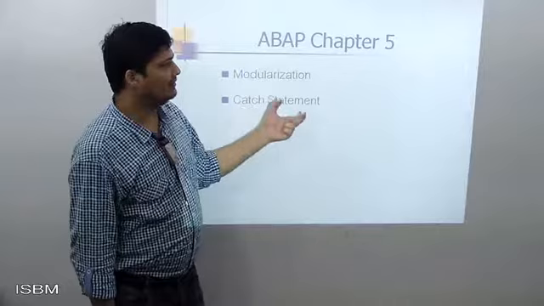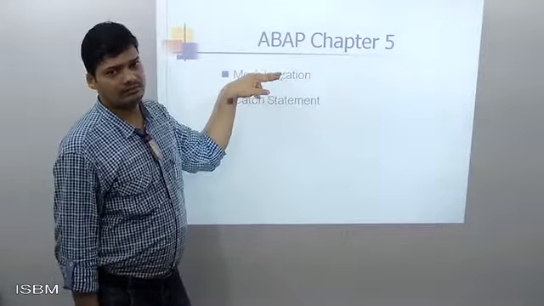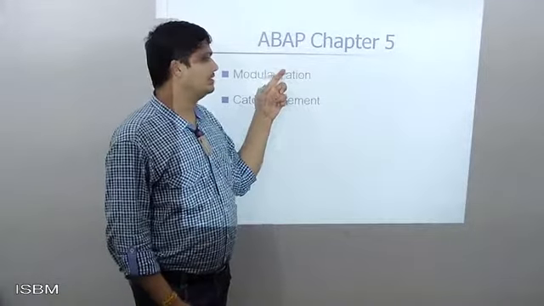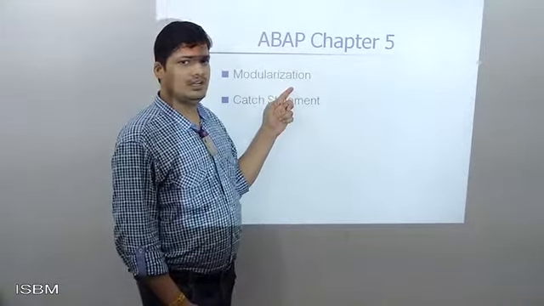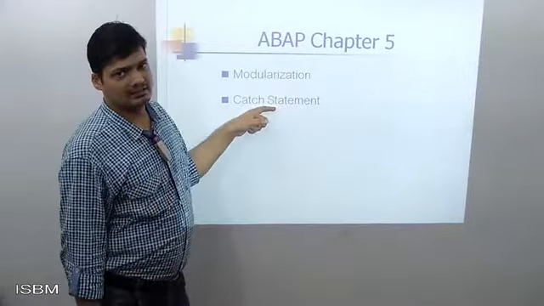While executing that function module, I need to provide the input. In the input, I will give the amount, which is 100, then the dollar, which is the currency of that particular amount, and the date, today's date.